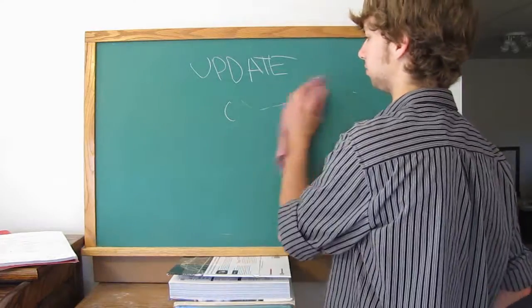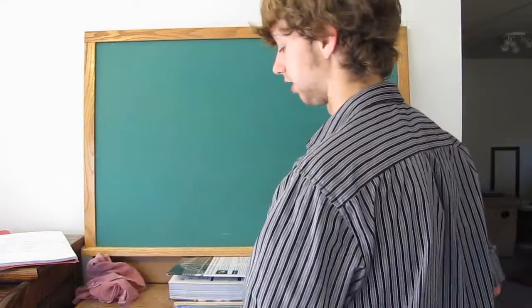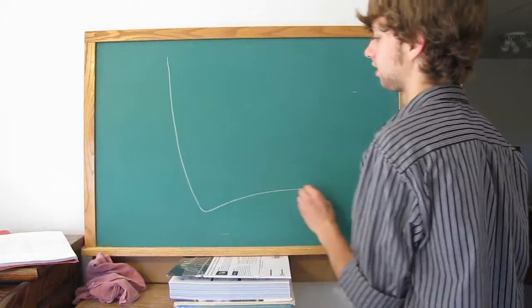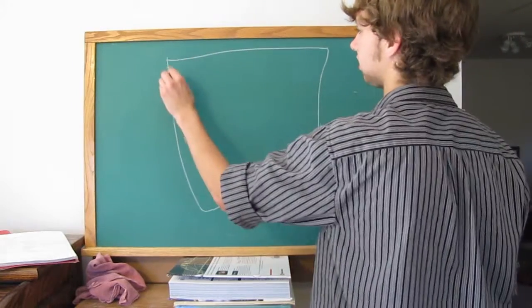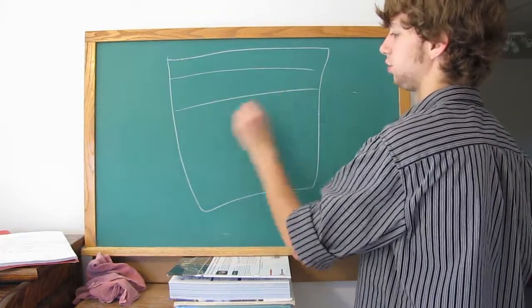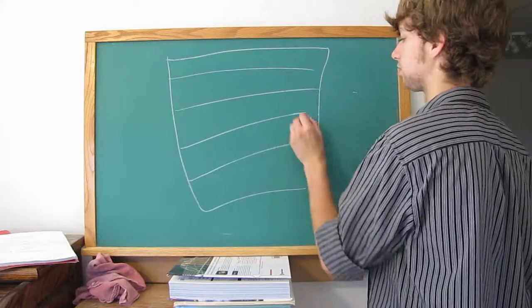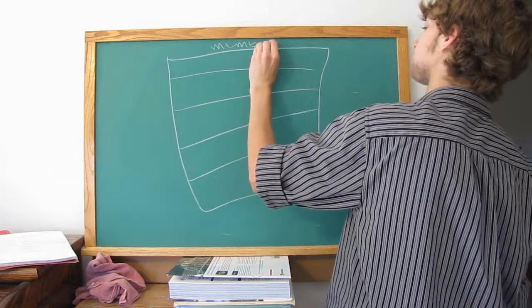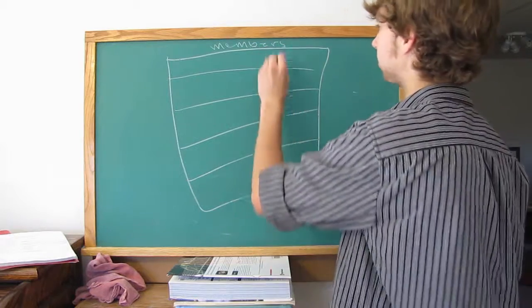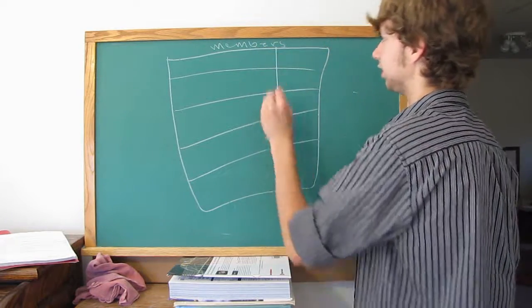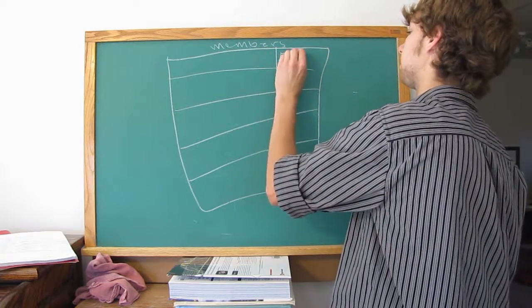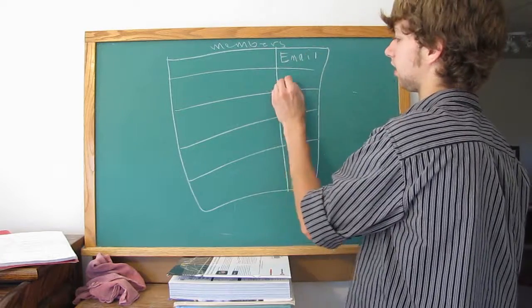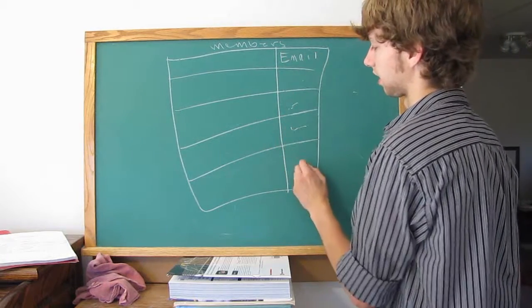So let me explain that a little better. Let's say you have an entry. Here's a database. And here's all the individual people or rows, the members. And each one has an email. So the email goes right here. Just like that.